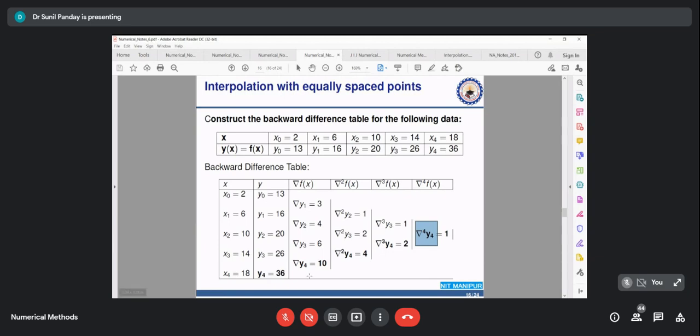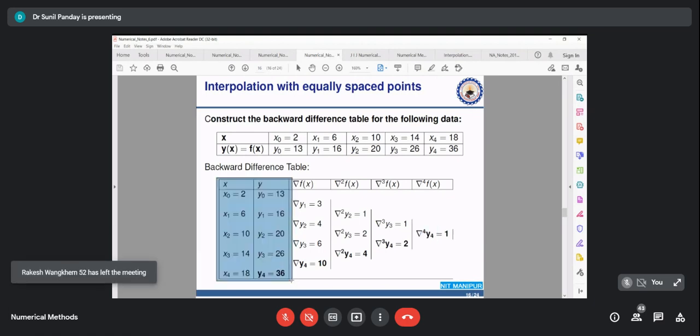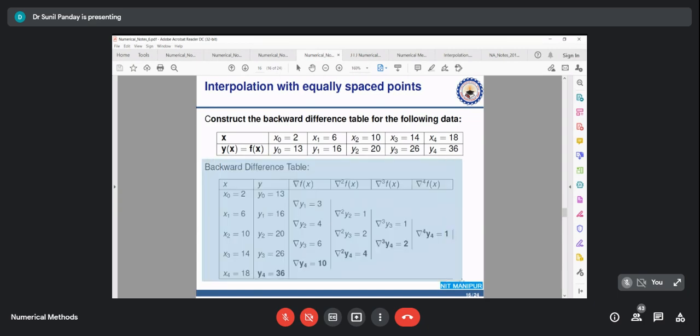Because when we are developing the formula to generate a polynomial to represent this data, and the examiner asks you to find the value of y when x is 17, near the end, you have to apply your backward difference formula, so you have to create your backward difference table.